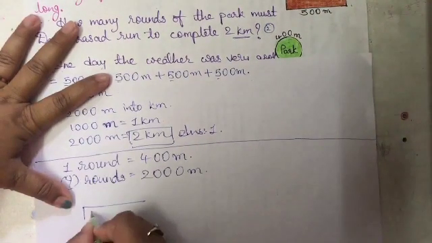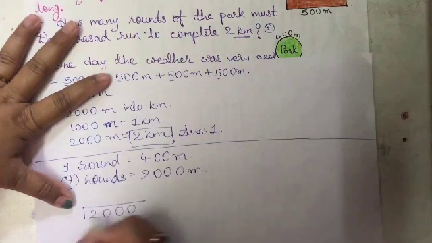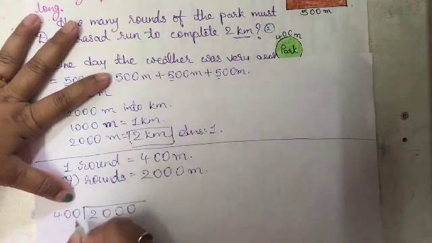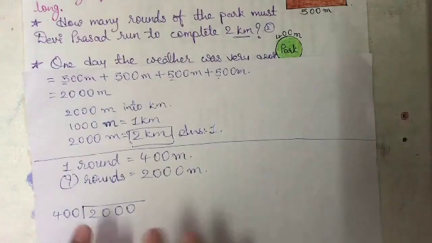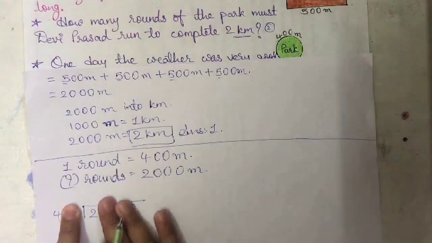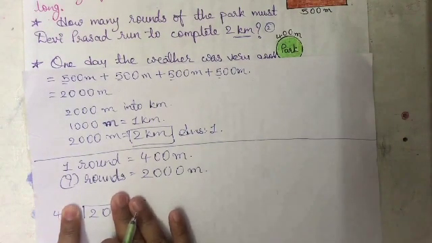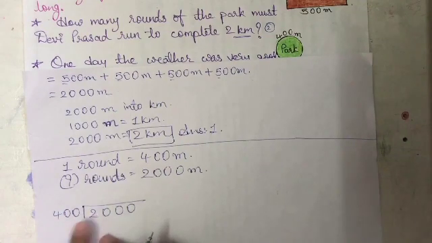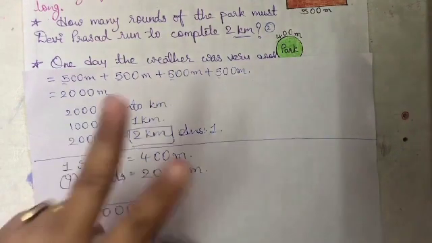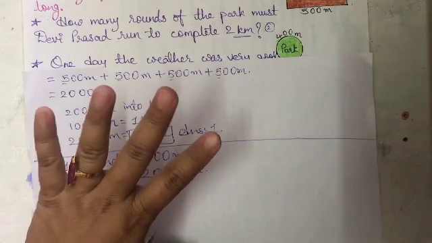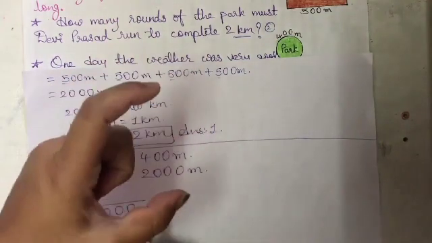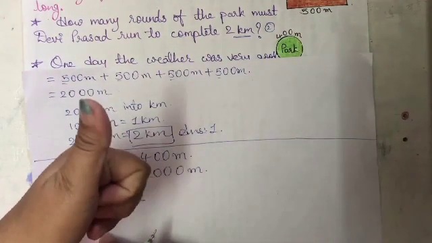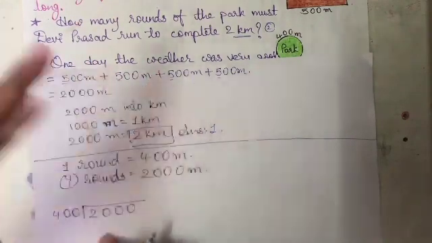Here, 2000 inside, 400 outside. To make it simple, if there are zeros, then we have to hide them. We cannot divide only 2 by 4, right? If you have 2 chocolates and your 4 friends are there, can you give them one whole chocolate each? Not possible. You need 4 chocolates for that.